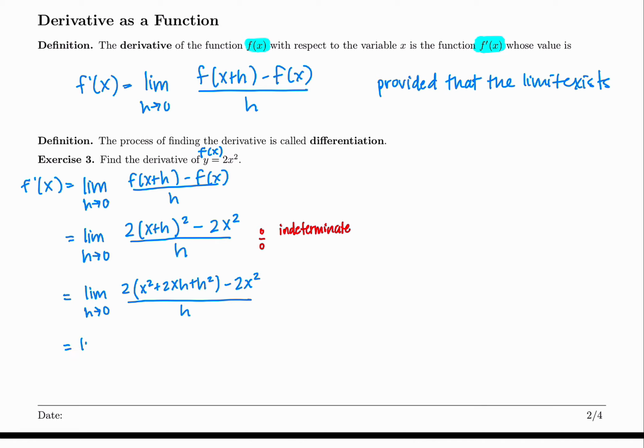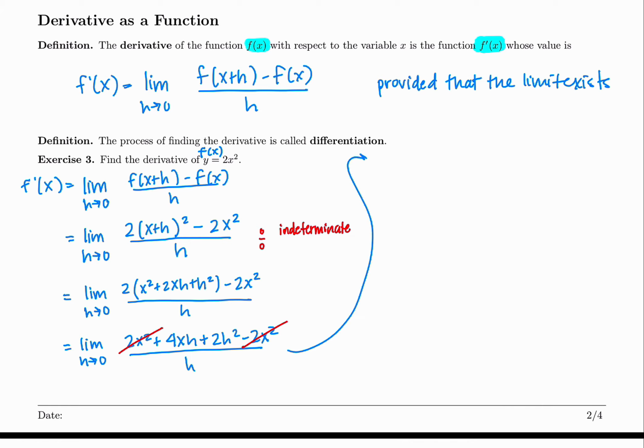And now I'll multiply that 2 over, so this is the limit as h approaches 0. Multiplying that 2 into everything, I'll get 2x squared plus 4xh plus 2h squared, and I still have that 2x squared hanging out on the end, all over h. And I look, things are canceling. 2x squareds cancel, and I can keep moving.